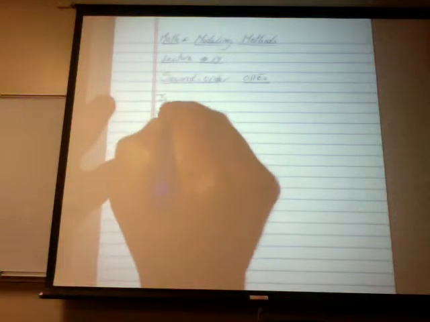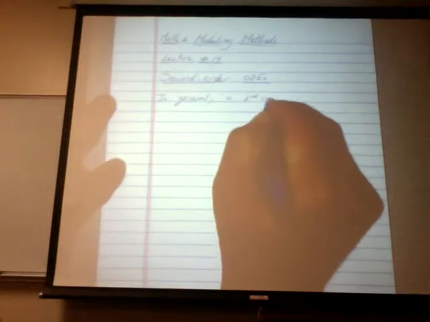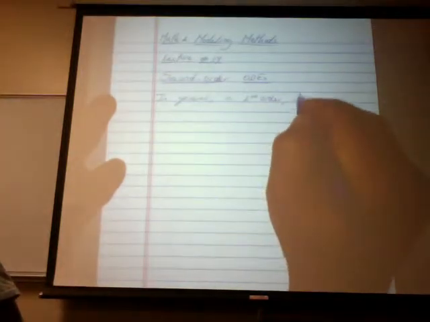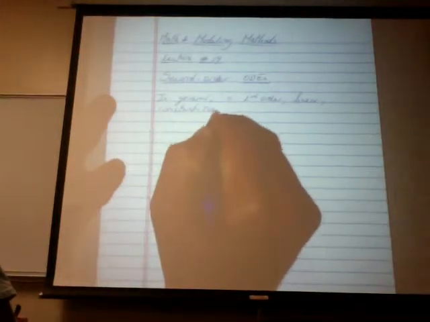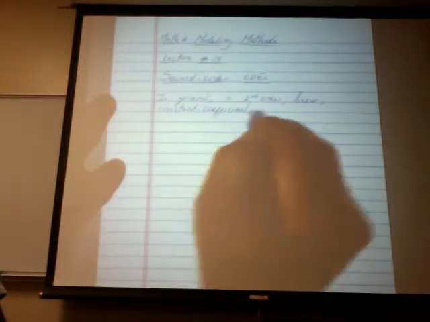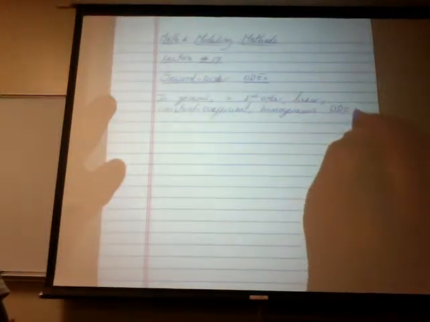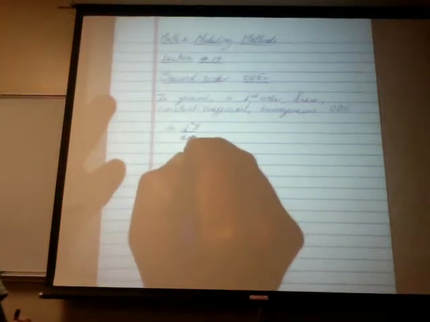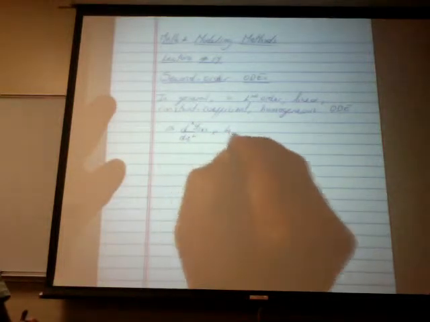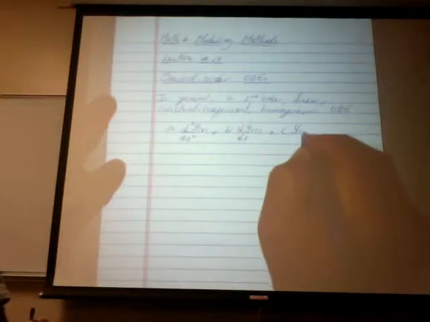In general, we can write a second order linear constant coefficient homogeneous ODE as A times the second derivative of y with respect to t, d squared y dt squared, plus B dy dt, plus C y of t, is equal to 0.